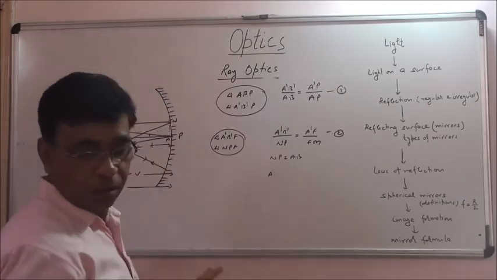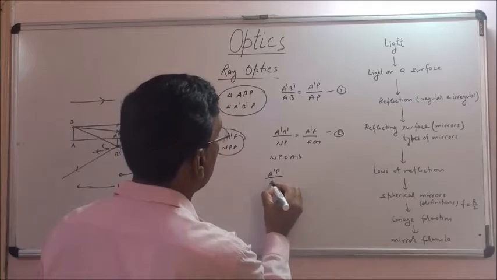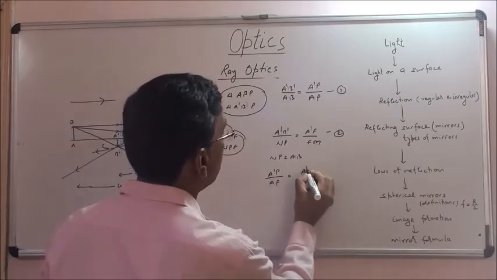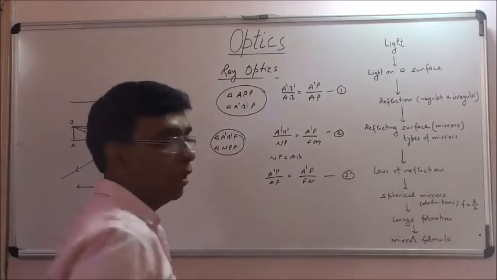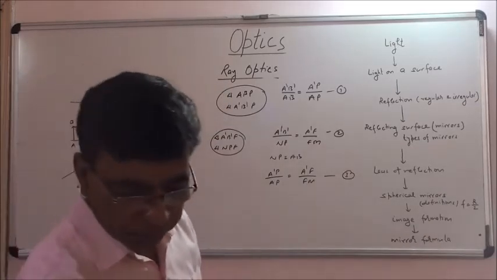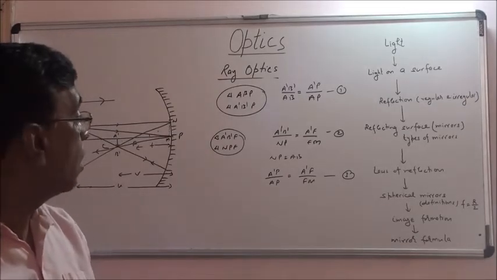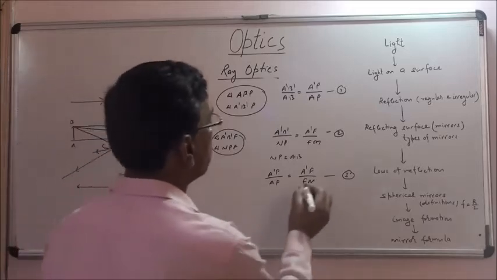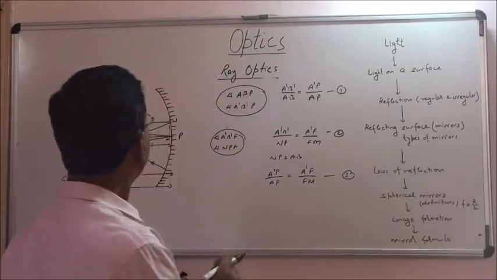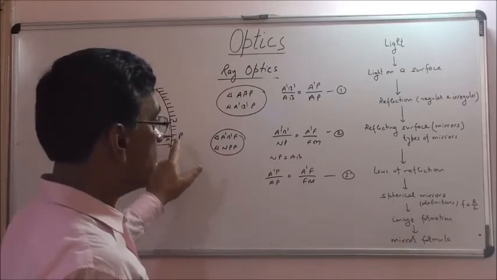Okay, write it yourself. A dash P upon AP is equal to A dash F upon FM. A dash P upon AP is equal to A dash F upon FP. FP or FM, M and P are the same.